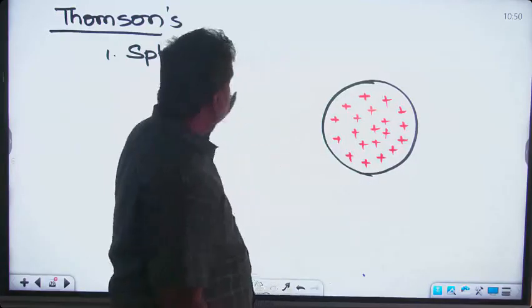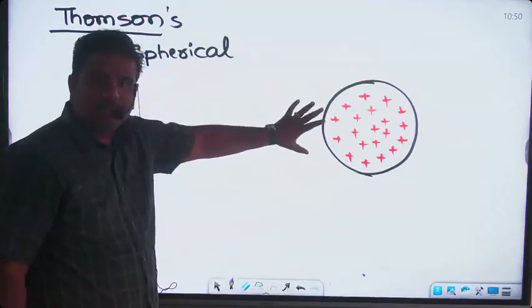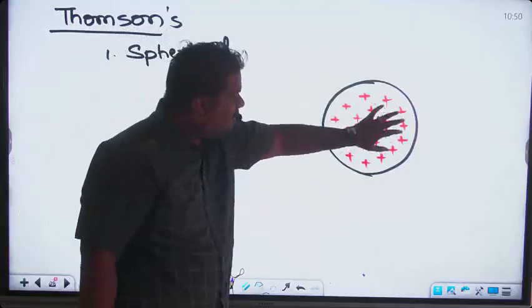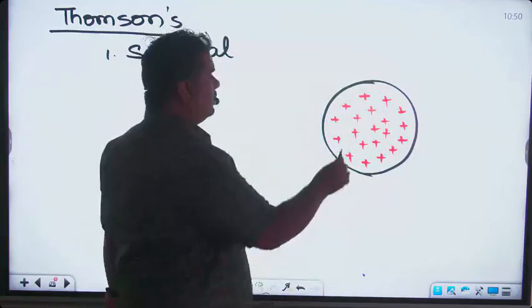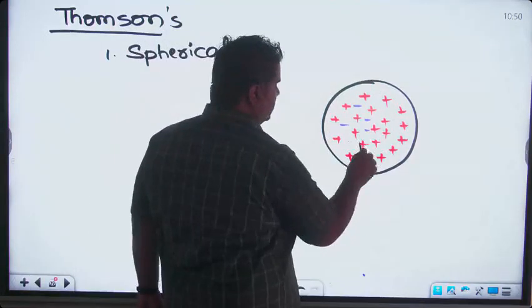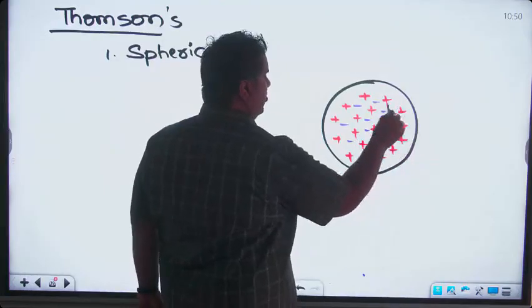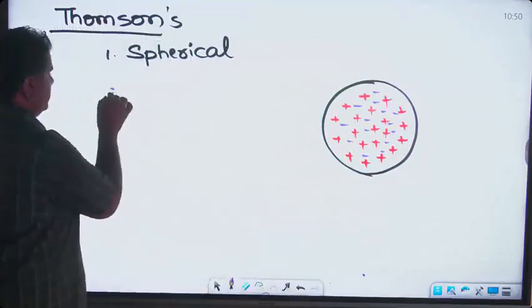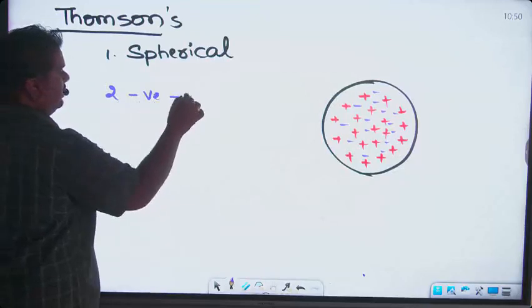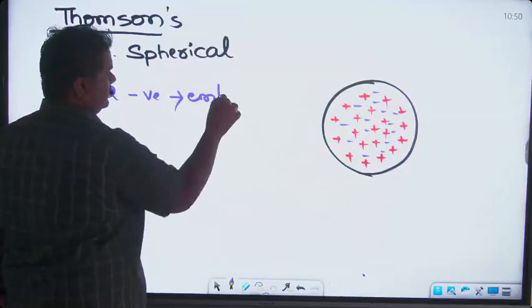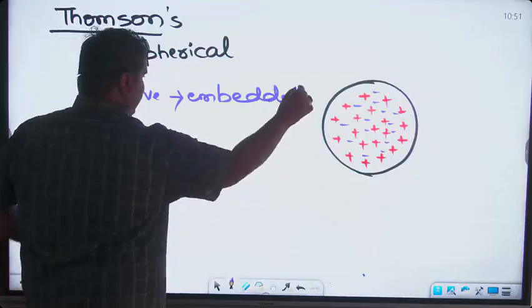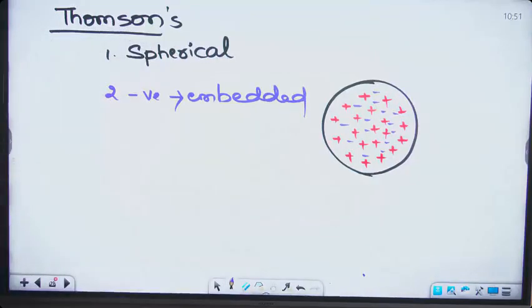So, according to J.J. Thomson, the atom is spherical in shape, positive charges are spread throughout the atom, and the negative charges are embedded between the positive charges.